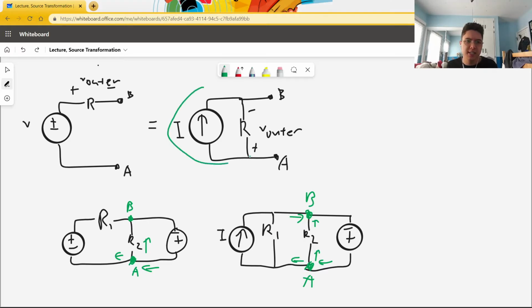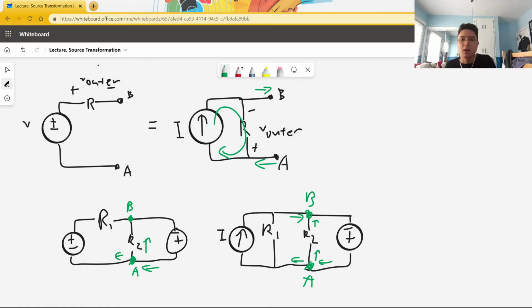What this means is that in this version of the circuit, if any current enters A, that exact same amount of current must enter B, so all of the current from this current source must actually flow back down through the resistor in a perfect loop so as not to accidentally create any new current. All the current coming into the circuit from A must exit the circuit in B.